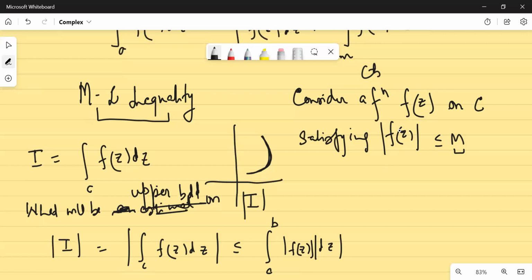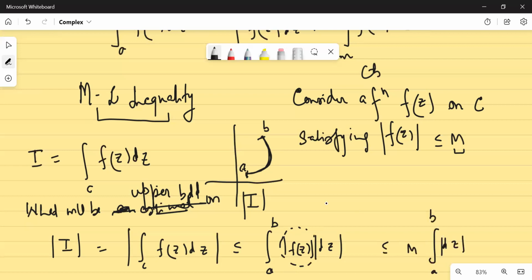I know clearly that |f(z)| is less than or equal to M over contour C, and let's say C moves from z equal to A to z equal to B. So this will be less than or equal to M times the integral of |dz| from A to B.